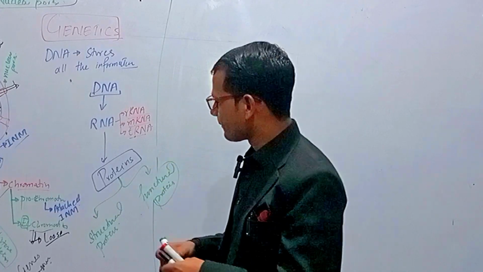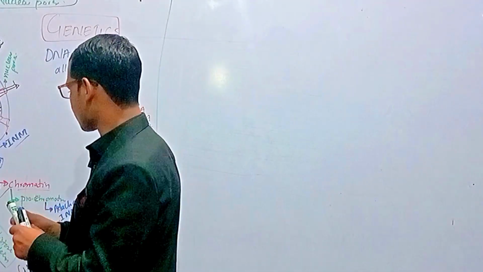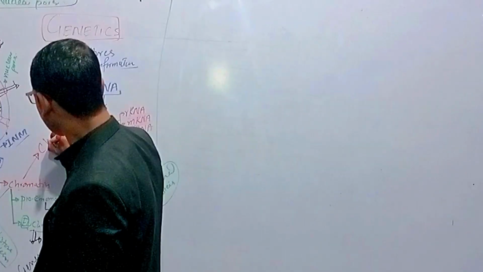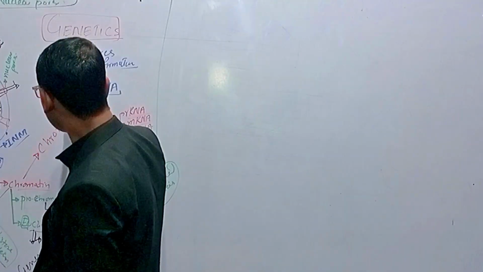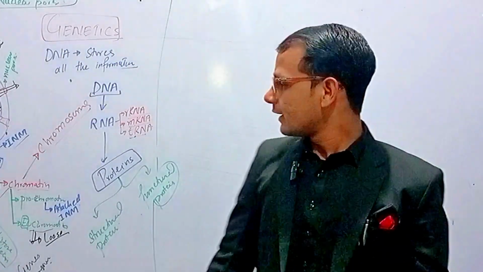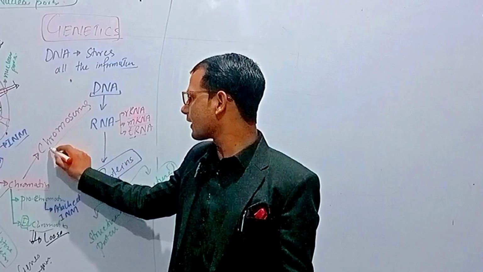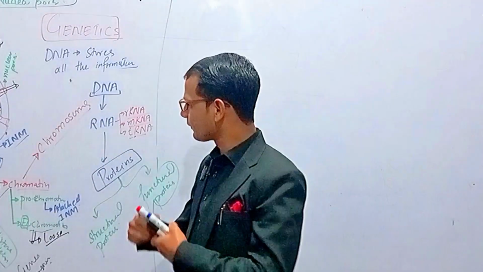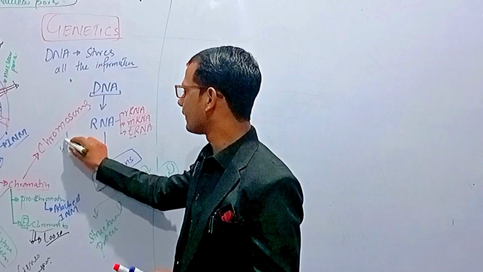Chromatin is broadly formed of chromosomes. If we condense this chromatin, we will see chromosomes, right? And in every species there is a specific number of chromosomes. In humans it is 46.